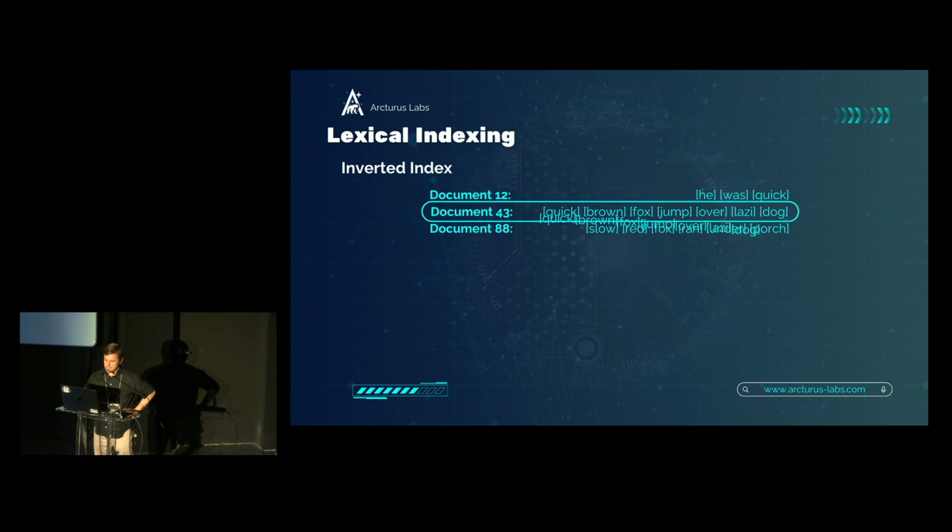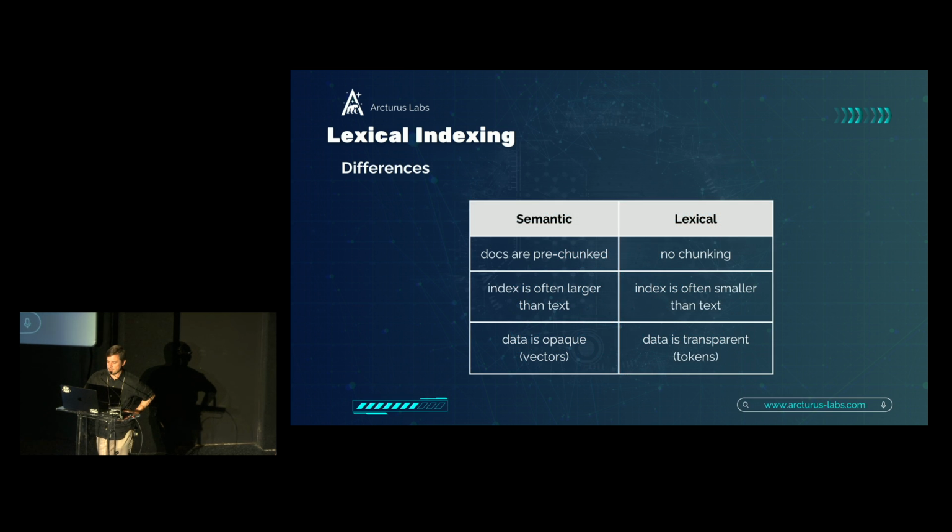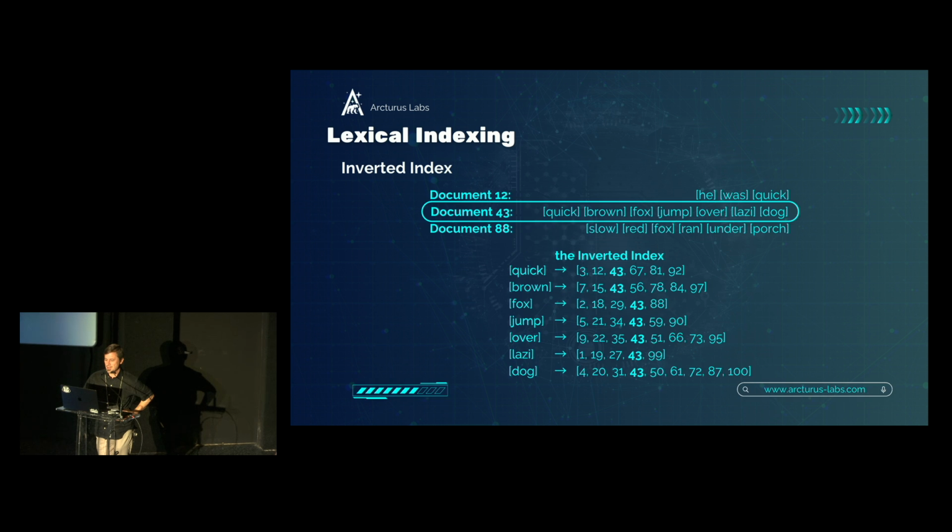But we can invert it, and for every token, we list the postings list. We list all of the IDs of the documents that are going to match. This is kind of the special sauce that makes lexical search super scalable, super fast. I'm going to show you that on the next slide. To be continued. But anyway, this is what the index looks like internally.